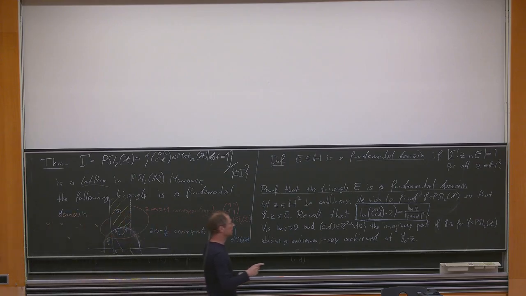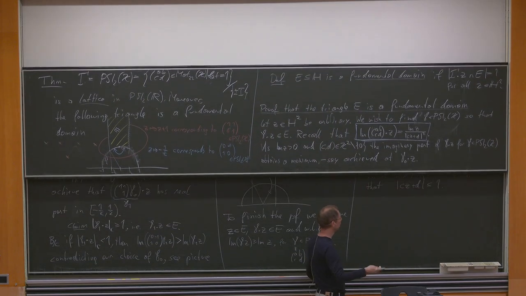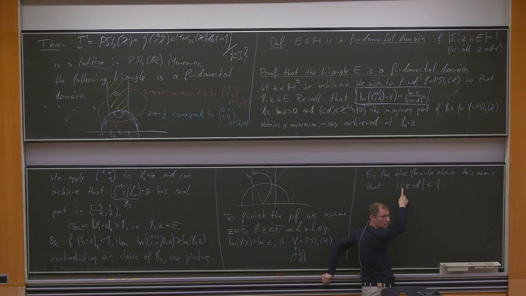If C is 2 or more, then the imaginary part of that will be 1 or more, which will make this very difficult. The imaginary part is strictly bigger than 1/2. If C is in absolute value bigger or equal than 2, this is impossible.